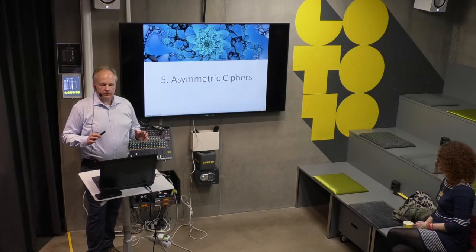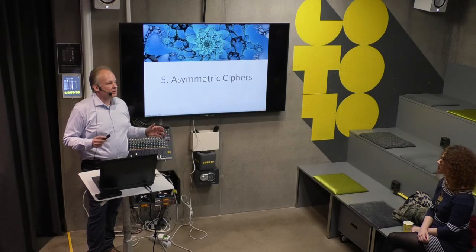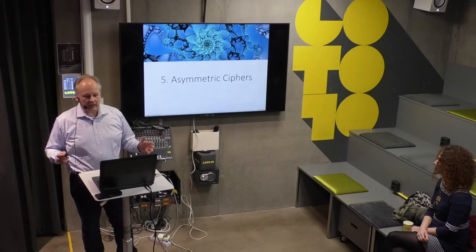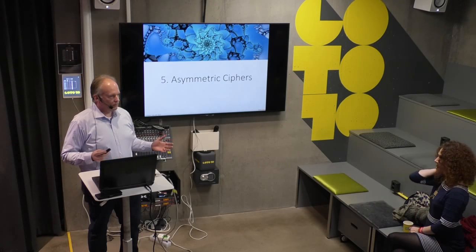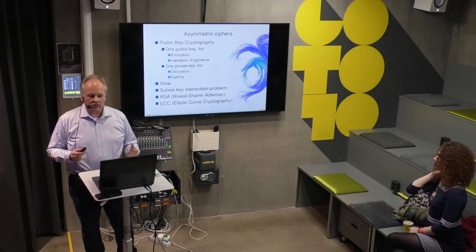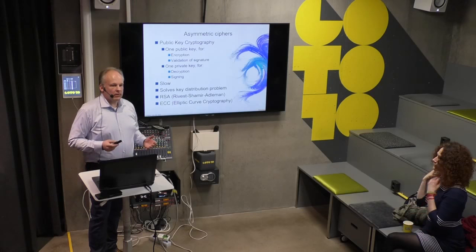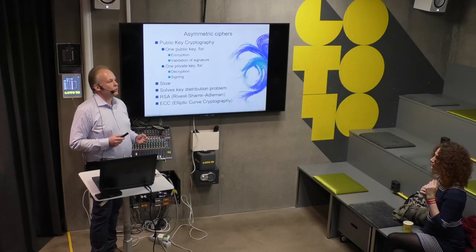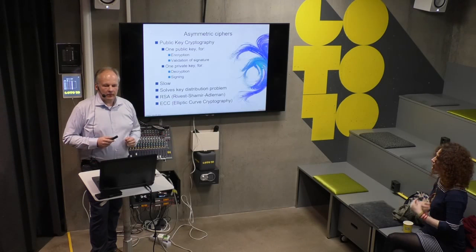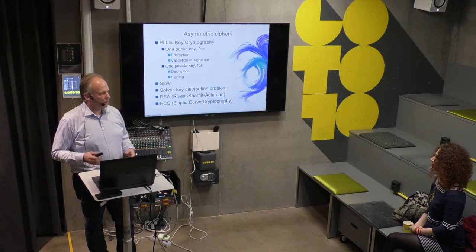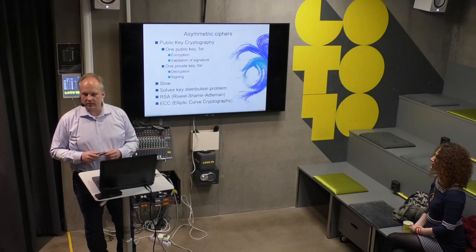Now, if symmetrical ciphers are so efficient and fast, why do we need asymmetrical ciphers? Asymmetrical ciphers are much slower, but they help us solve the key distribution problem. Typically you have heard about public key cryptography, public key infrastructure, and such things.